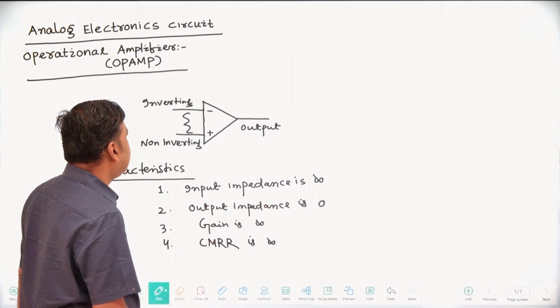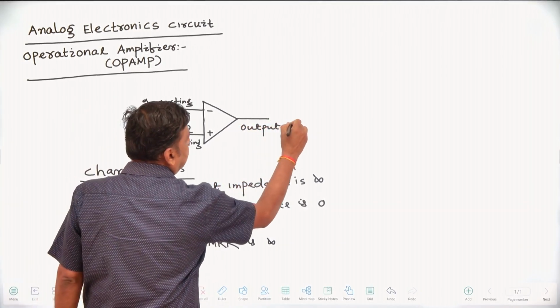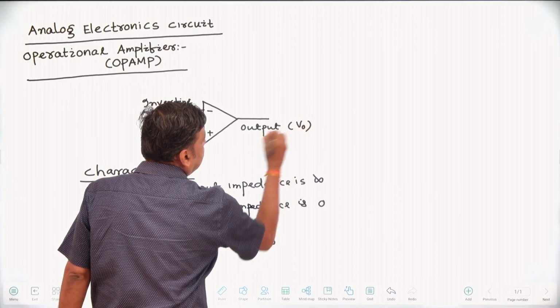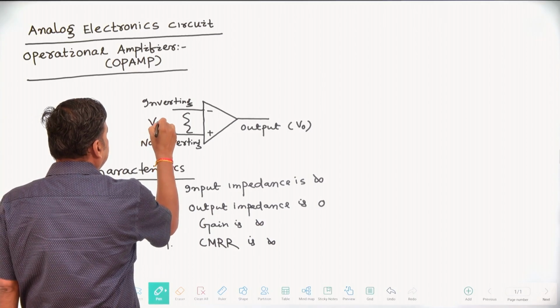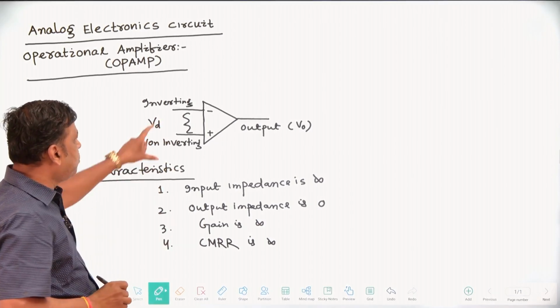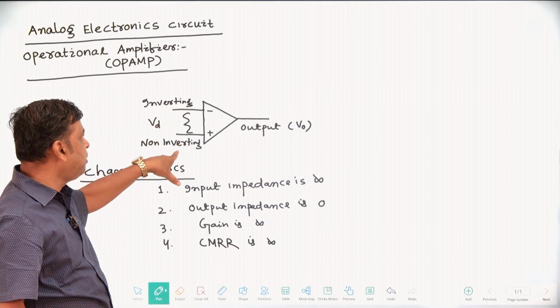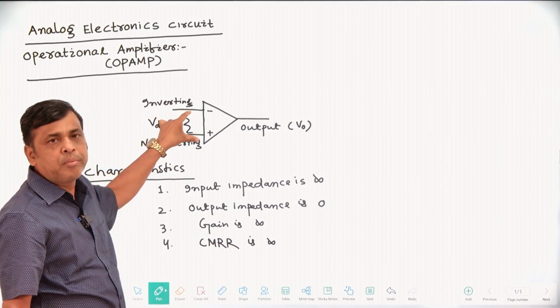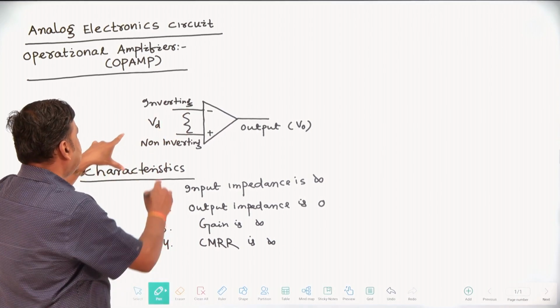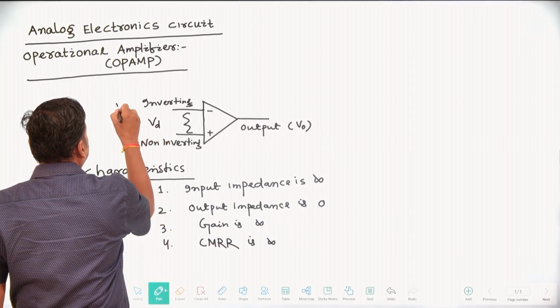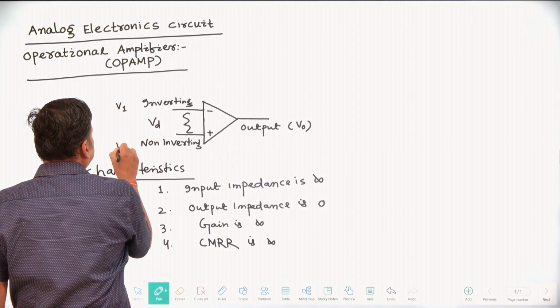What is gain? If we consider the output is V0 and input is Vd. Here Vd means, if there are two inputs, one inverting and another non-inverting, the difference between the two terminals or the difference between the two voltages is Vd. So it is the difference voltage. Suppose this is V1 and this is V2.